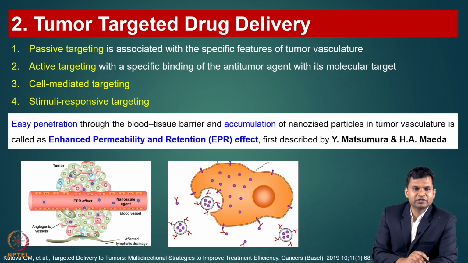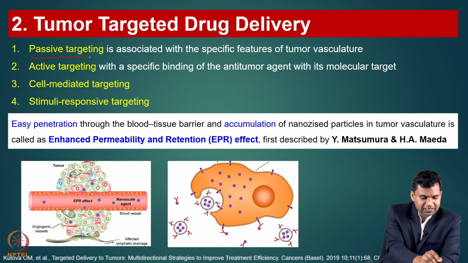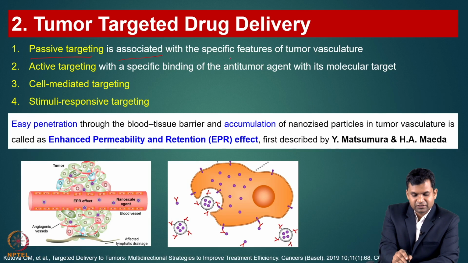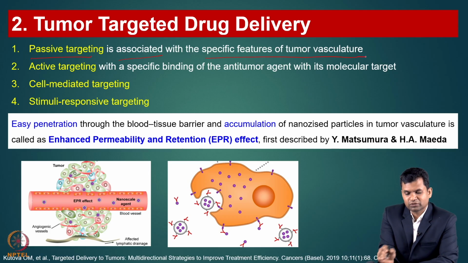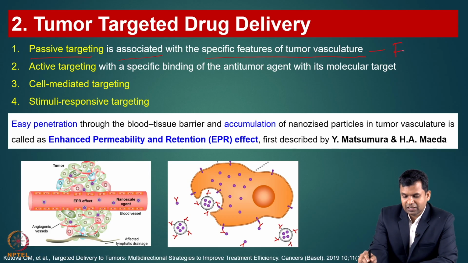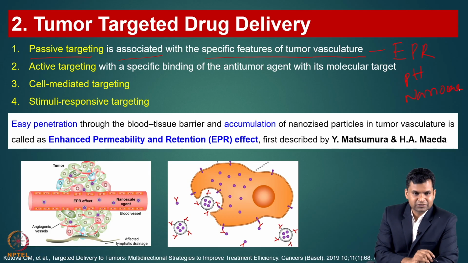Yes, these we have also discussed in our first lecture, that is passive targeting is associated with a specific feature of the tumor vasculature, as we discussed in other presentations also, by using the EPR effect and the pH sensitive and other nanocarrier systems, we can follow passive targeting.